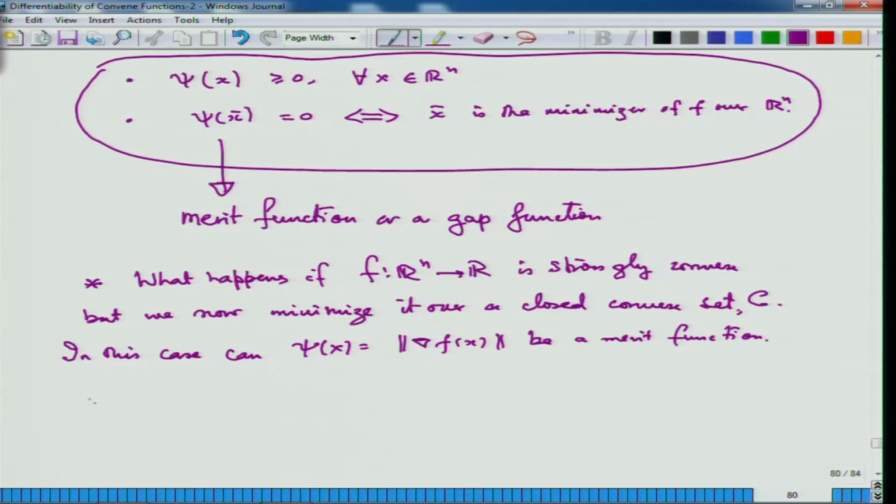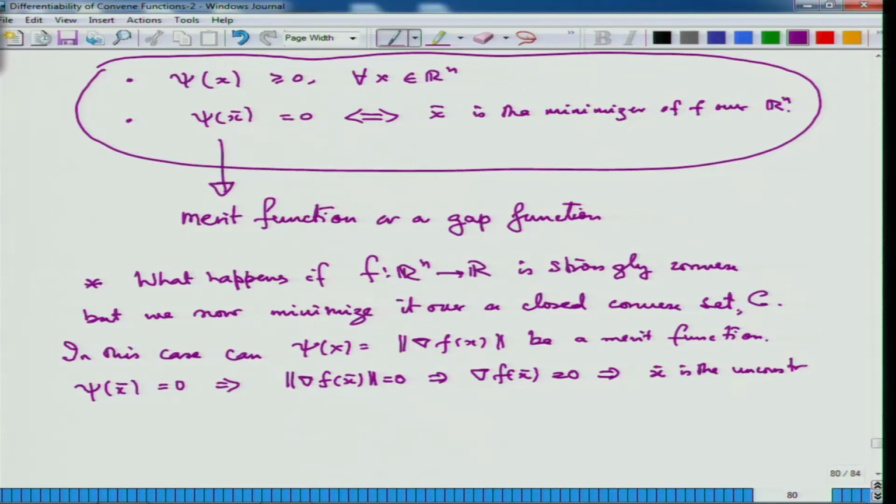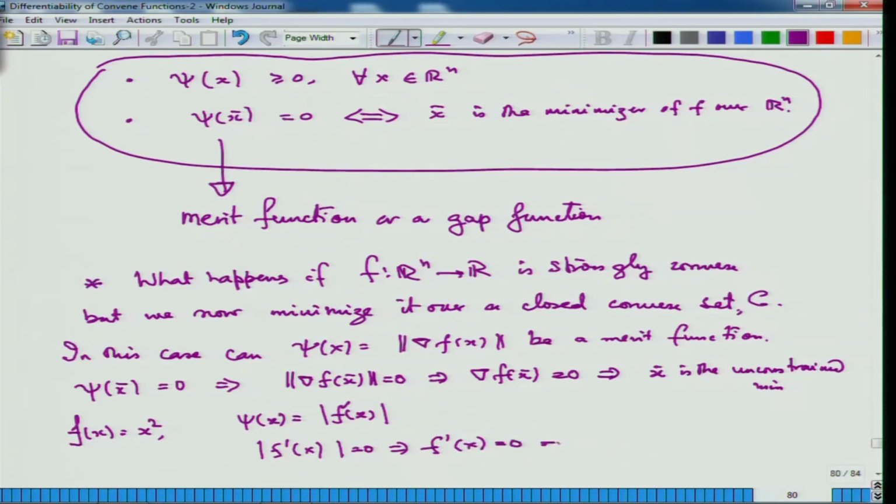Because if you say that phi of x bar is equal to 0, this would imply that x bar is the unconstrained minimum and not the minimum on C. For example, if you take the function f x equal to x square and define your phi x in this case to be the absolute value of f dash of x, or grad f x, then f dash of x equal to 0 would imply x is equal to 0, but that is the unconstrained minimizer.